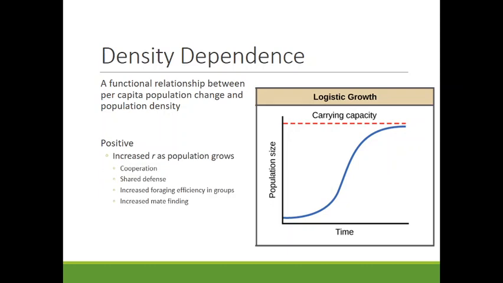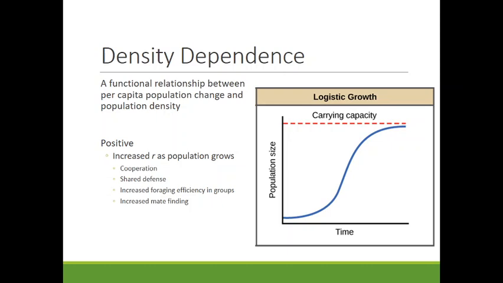There are plenty of times where the instantaneous growth rate can actually increase as a population grows. So these are in organisms that use a lot of cooperation, shared defense, or look for food together, or you can find a mate easier.